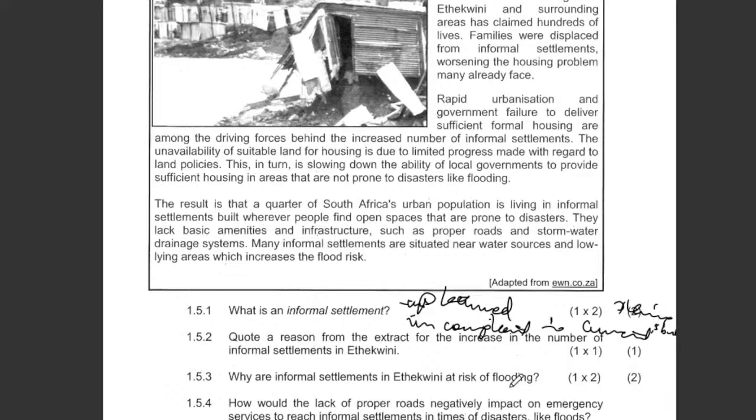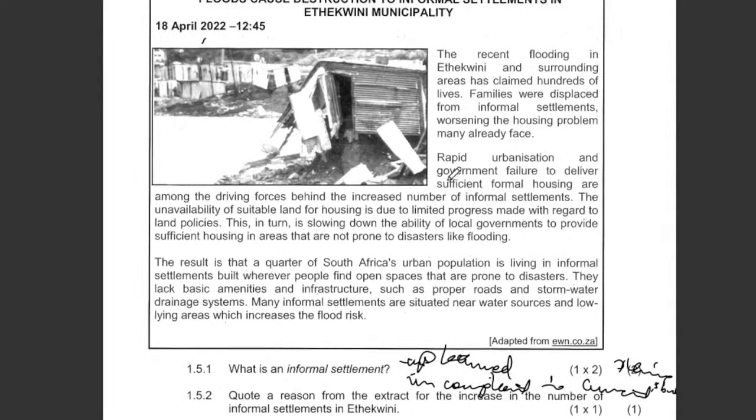Okay, the next one is: quote a reason from the extract for the increase in the number of informal settlements in Etekwini. Why is the number of informal settlements increasing in Etekwini? Then we come here. The first quote you're going to have is rapid urbanization. The next quote is that the government failed to deliver sufficient formal houses.